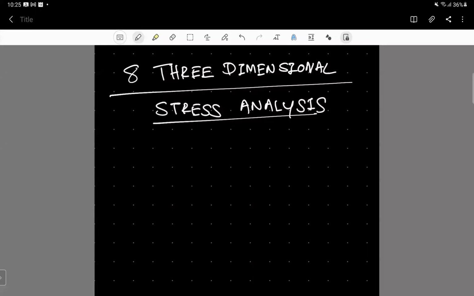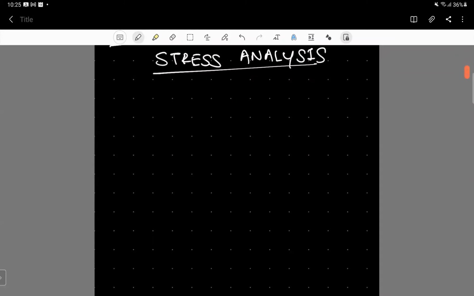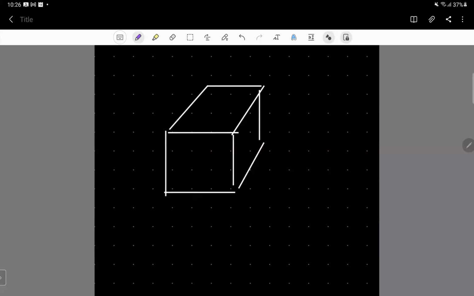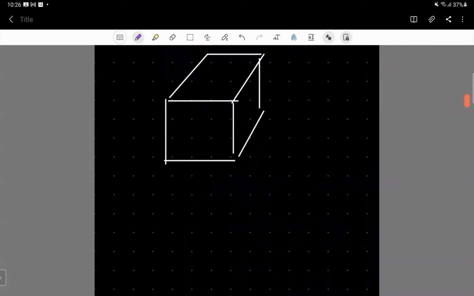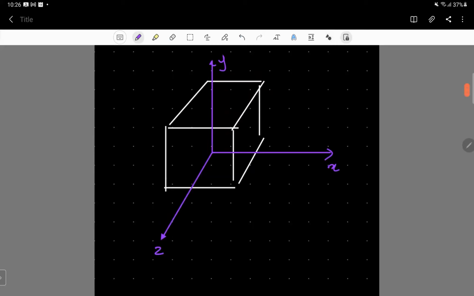Assume that we are considering a very small, finite element which is subjected to different stress conditions. Let's define the coordinate system, and analyze the forces or the stresses acting on this element based on this Cartesian coordinate system.